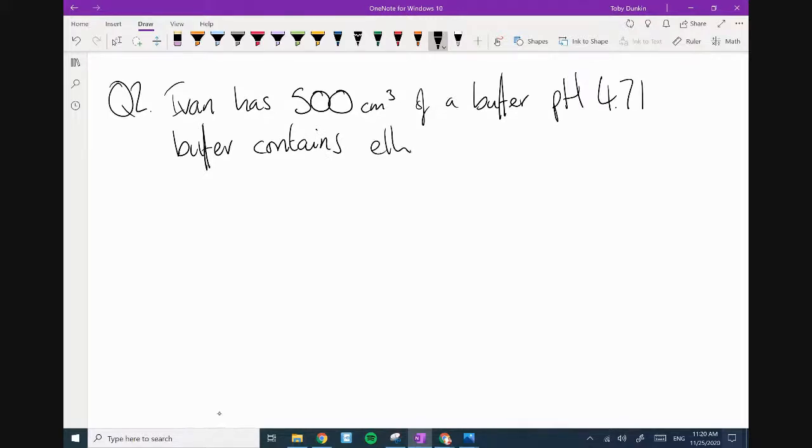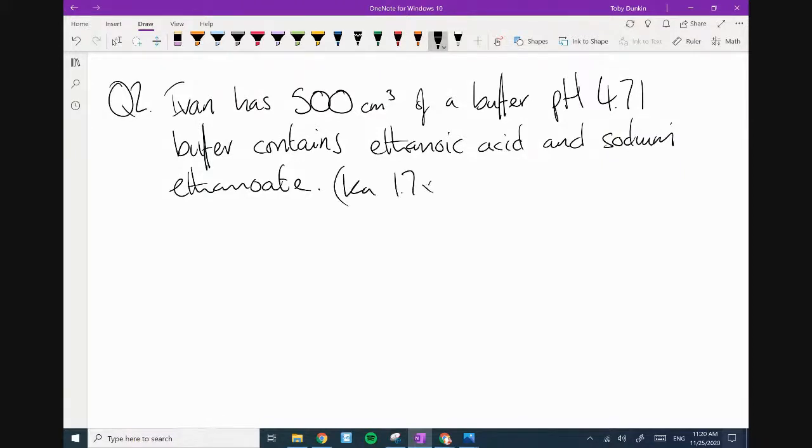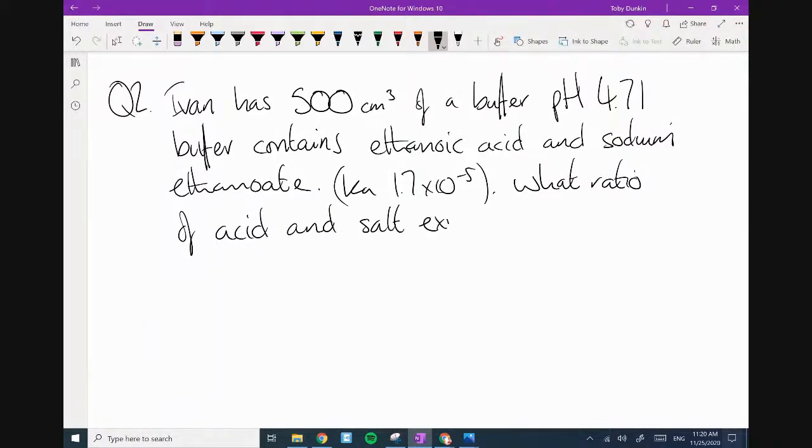Buffer contains ethanoic acid and sodium ethanoate. Ka, give you the Ka. Ka 1.7 times 10 to the minus 5. Question: what ratio of acid and salt exists in this buffer?